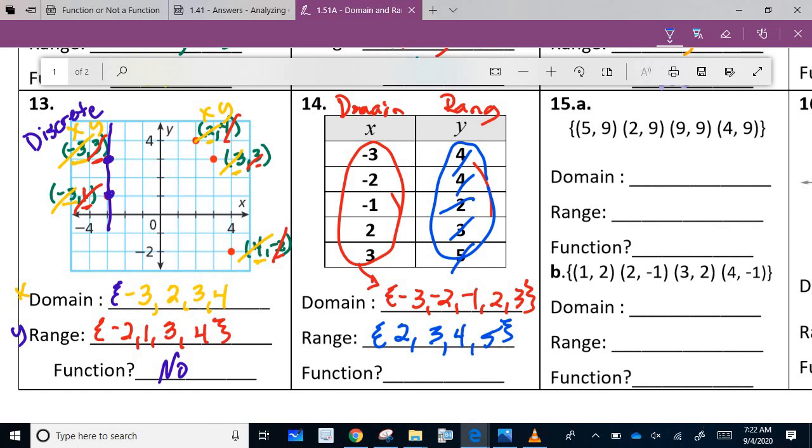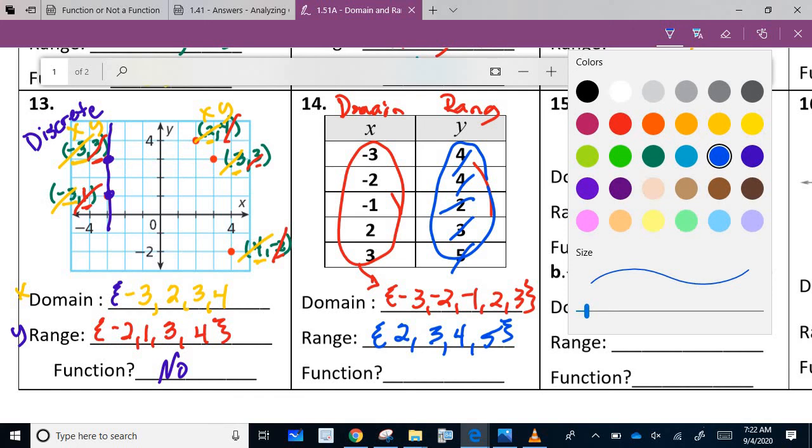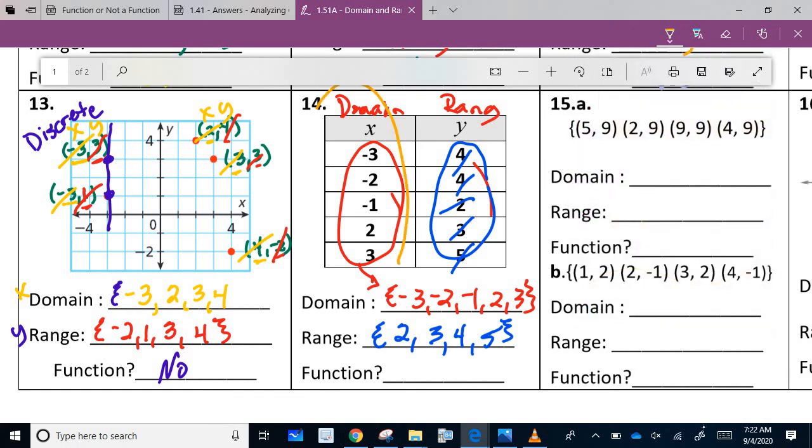At this point, we have to check to see if it is a function or not. So I'm going to look over here at the x-axis only. It does not matter what the y-axis says. Since we're only looking at the x-axis, all these numbers right here are the x coordinates. I see that we only have a -3, -2, -1, 2, and 3.